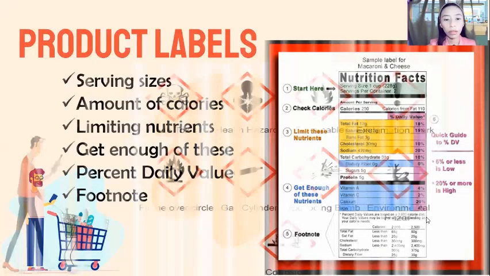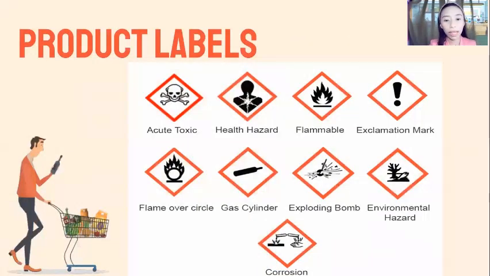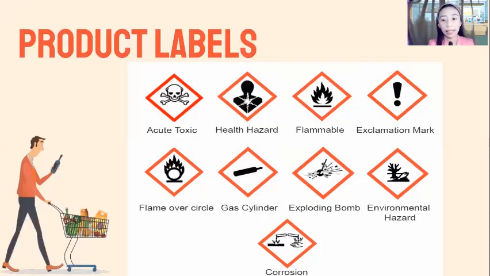So next are the hazardous signs that we need to consider in buying products. So we have here acute toxic, health hazard, flammable, exclamation mark, flame over circle, gas cylinder, exploding bomb, environmental hazard, and corrosion.